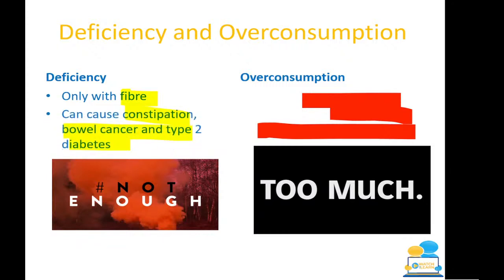If you are lacking in fibre, it can lead to constipation, bowel cancer, and type 2 diabetes. Whereas overconsumption is only with sugars, so not fibre and not starch, just sugars. It may cause obesity, type 2 diabetes, and then of course dental disease, because you're going to be getting a lot of cavities.